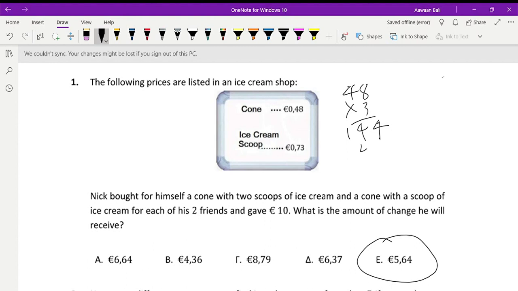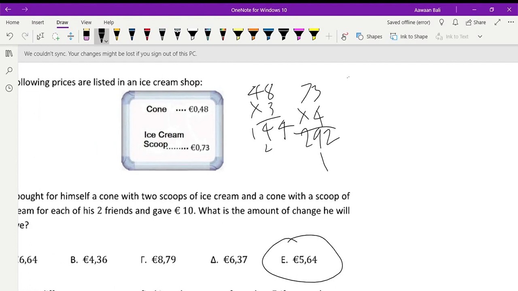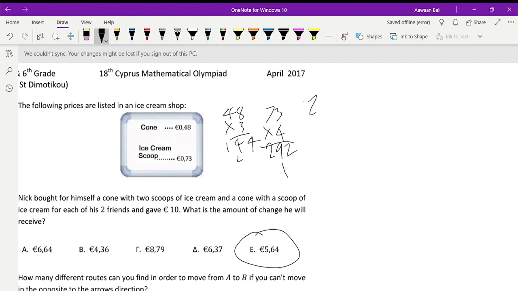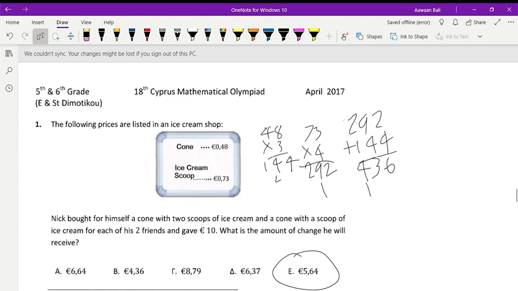So an ice cream scoop is 73 cents. So 73 times 4 is 292. We add the 2 prices together to get €4.36. So that's how much Nick pays in total.